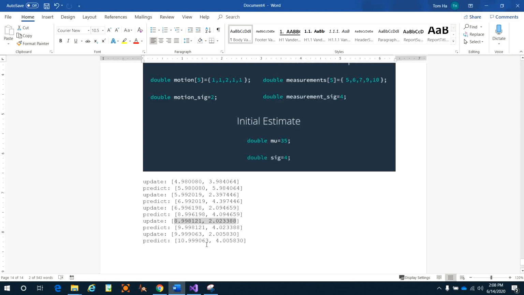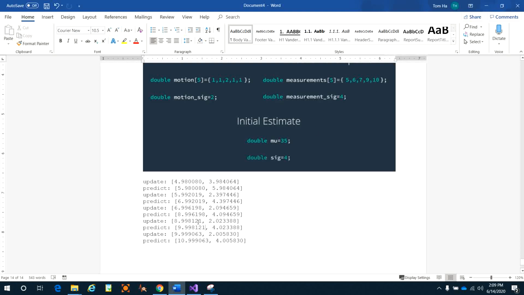And they continue, moving 1. They predict the state, this value right here, and the next measurement is 10.